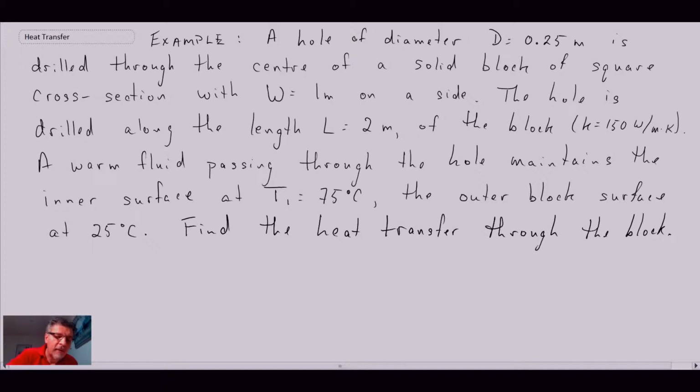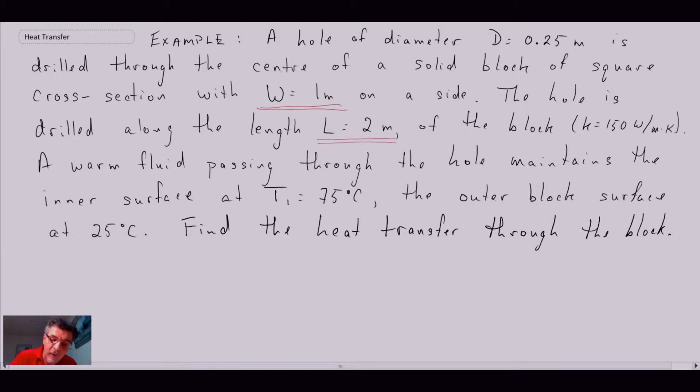Okay, so there's our problem statement, kind of a long one. A hole is drilled through the center of a solid block of square cross-section, and the dimensions of the square cross-section are 1 meter by 1 meter on a side. The hole is drilled along the length, so the block is 2 meters long.